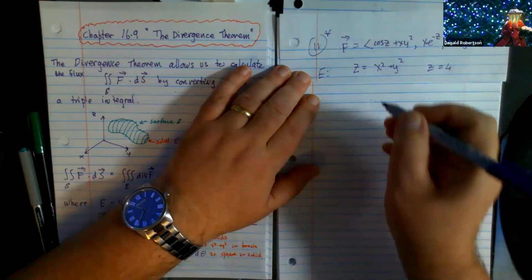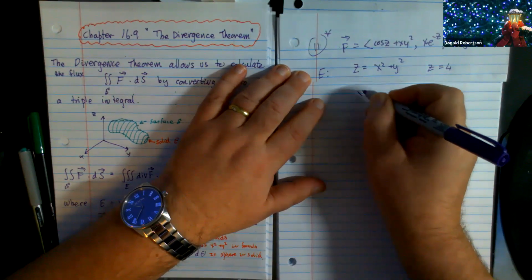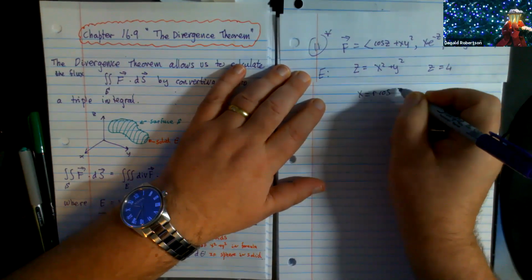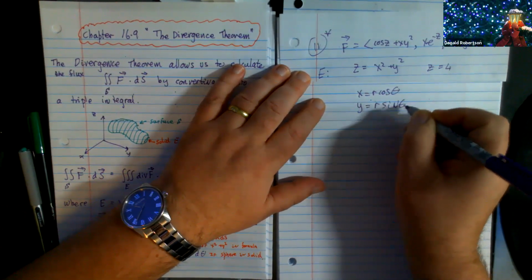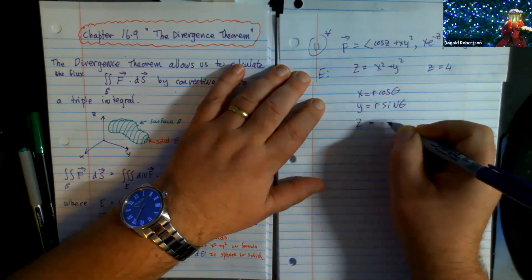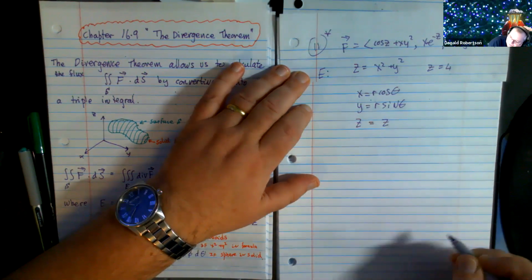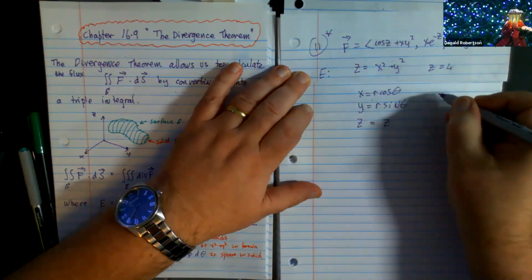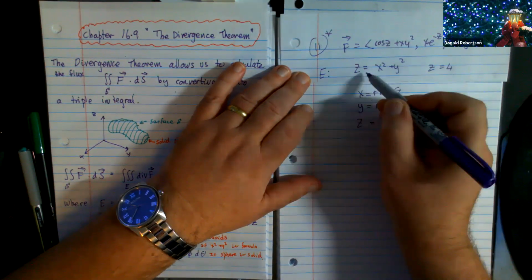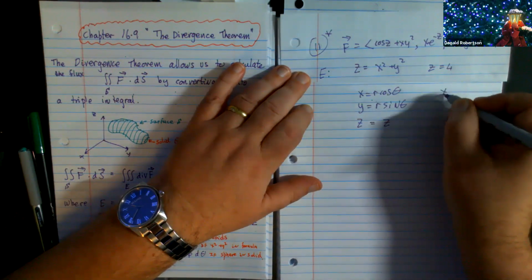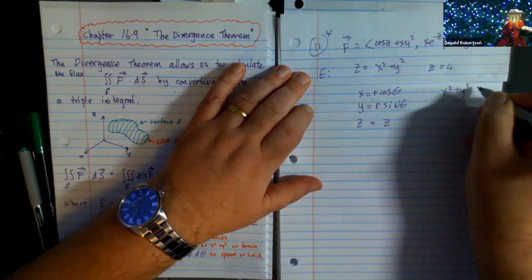In this case here, we'll call x r cos theta, because we typically do that. Y will be r sin theta, and z will be essentially z. And in this case, when you replace it with z equals 4, don't you get x squared plus y squared equals 4?